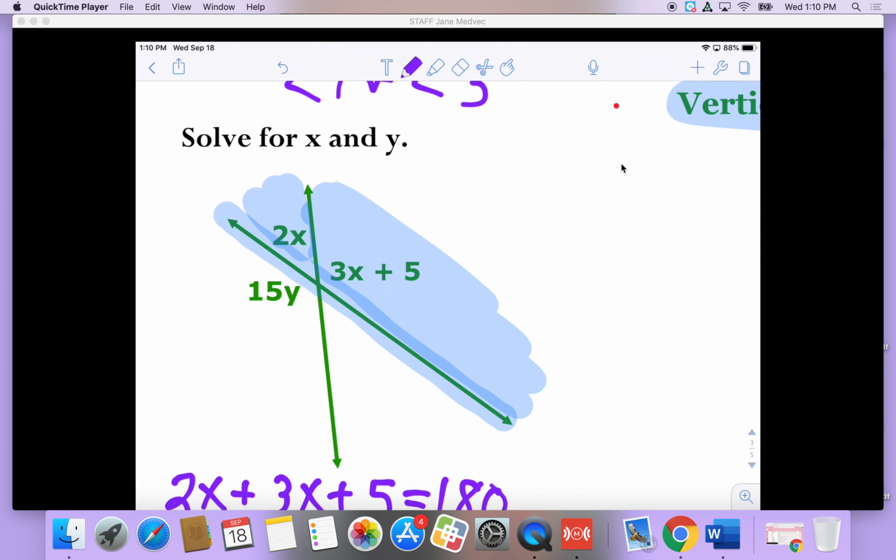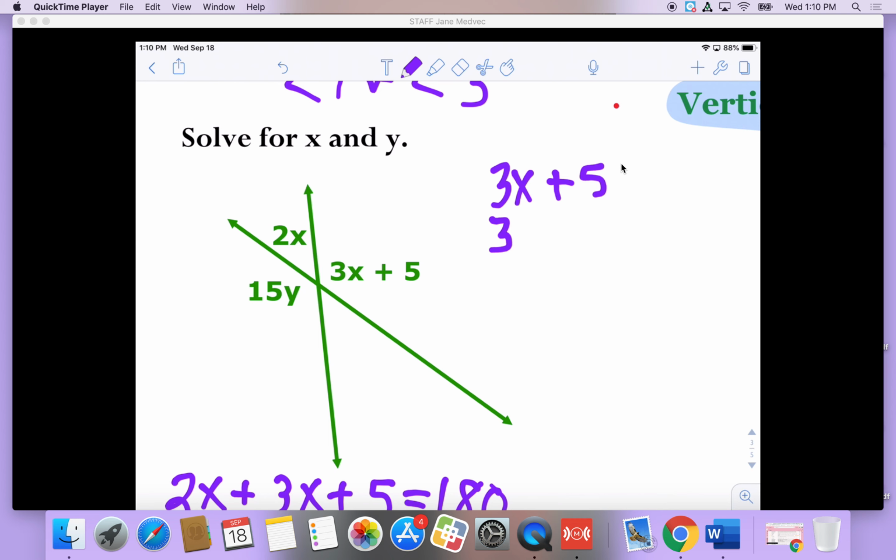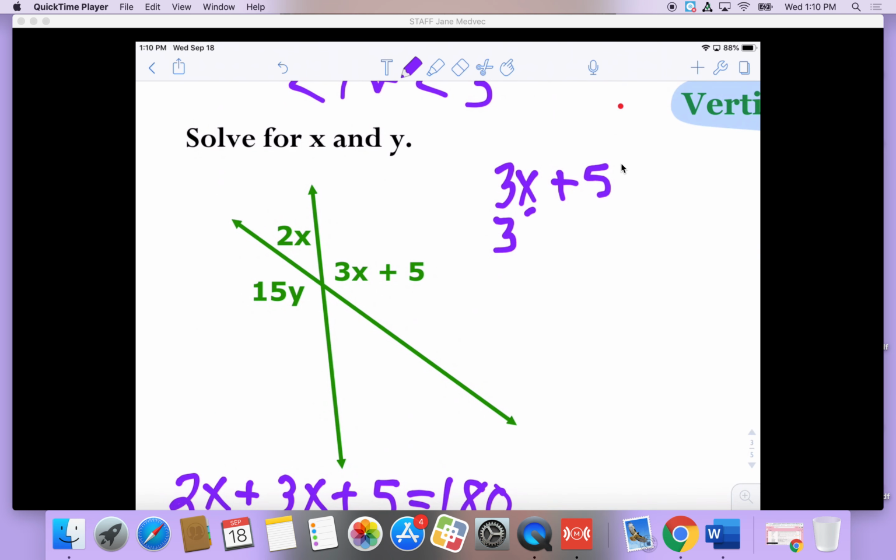All right, now I'm done with that. How do I get y? I found x. Yes, sir. Put x in 3x plus 5, and then 15y equals 3x plus 5. Yeah, very good. So this is what he's saying. He's like, well, I can take the 3x plus 5. I know that x was 35 from down there, so I'm going to go 35 times 3 is 105 plus 5, so I know that's 110.